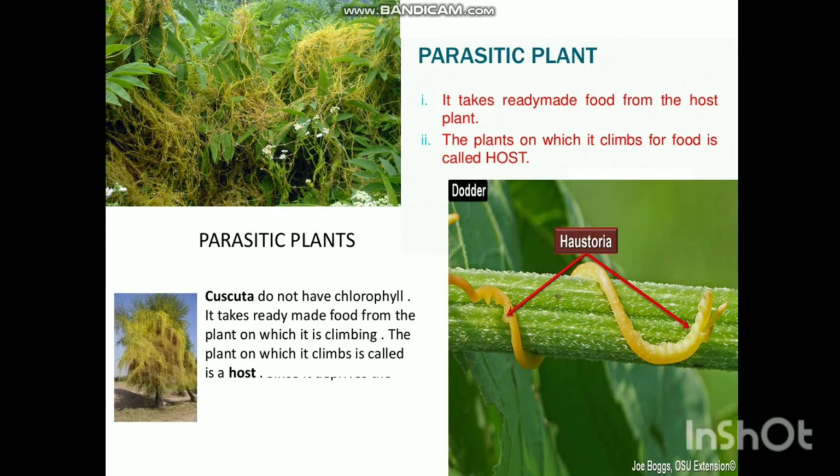Cuscuta shows a special feature, that is the presence of haustoria. Haustoria are nothing but sucking roots. These roots penetrate deep into the host plant and absorb nutrition for the Cuscuta.